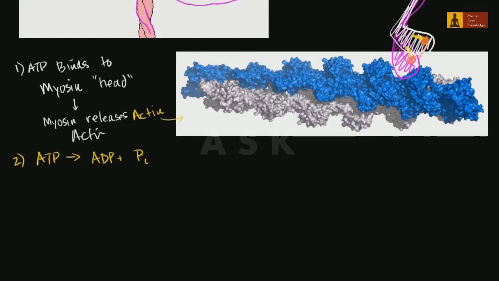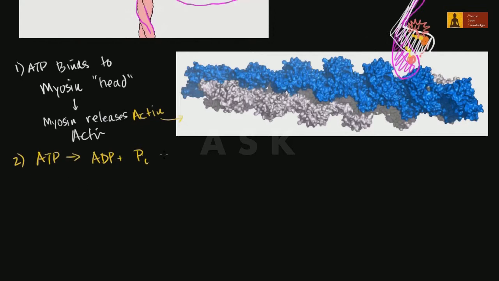So let me do step 2. You can view it as the ATP getting hydrolyzed and releasing energy. We know that ATP is the energy currency of biological systems. So let me draw it. It releases energy. I'm drawing it as a little spark or explosion, but you can imagine it changing the conformation of this protein right here. It spring loads it so it's ready to crawl along the actin.